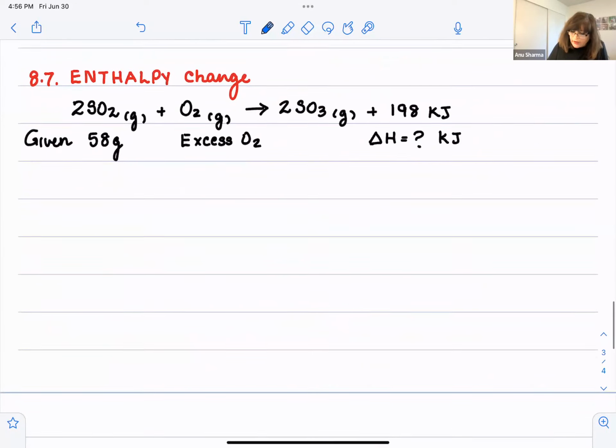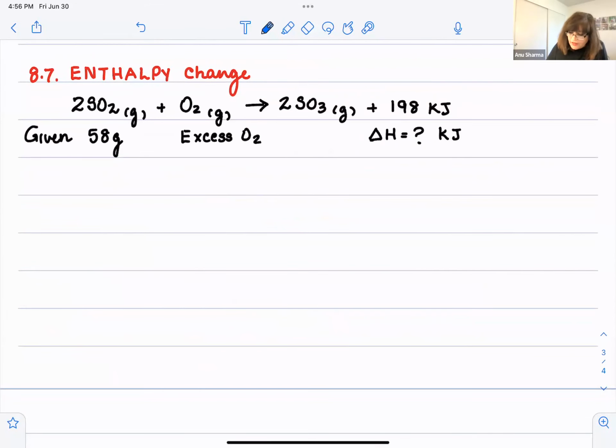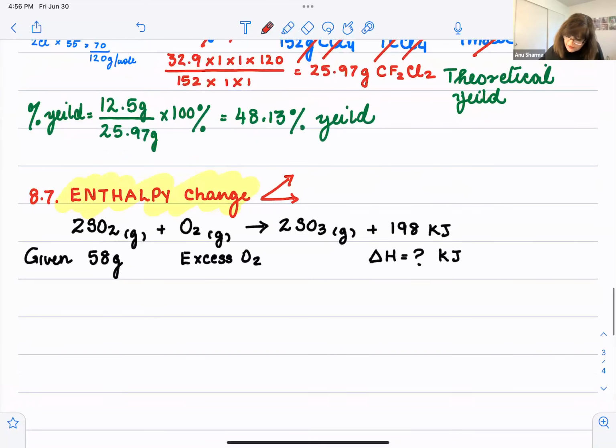And then the last one. Although they haven't given any question for this one, I'm still going to do it, because this relates to the enthalpy change, whether the reaction was endothermic or exothermic. So there are two types of reactions, as you know: endothermic and exothermic. Exothermic reactions will release heat.